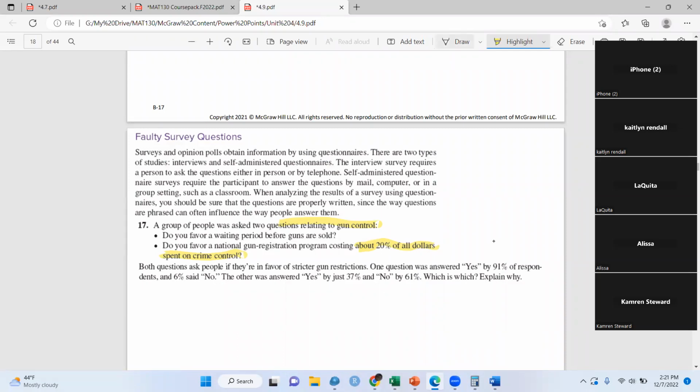If we wanted to know what the reader actually thought, we would take out this cost and we would just ask them this: do you favor a national gun registration program? You can see that how people responded was totally different between the 2.